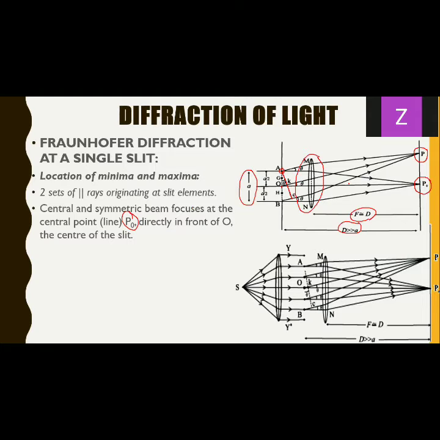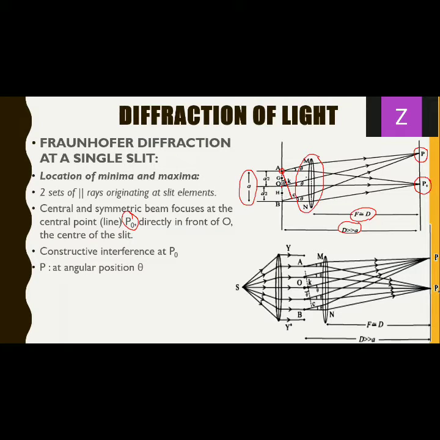So what we get at P0 is constructive interference, and the point P is formed at an angle theta. Due to the edge at point A, diffraction of light takes place. It means a ray of light at this edge bends through this angle theta.